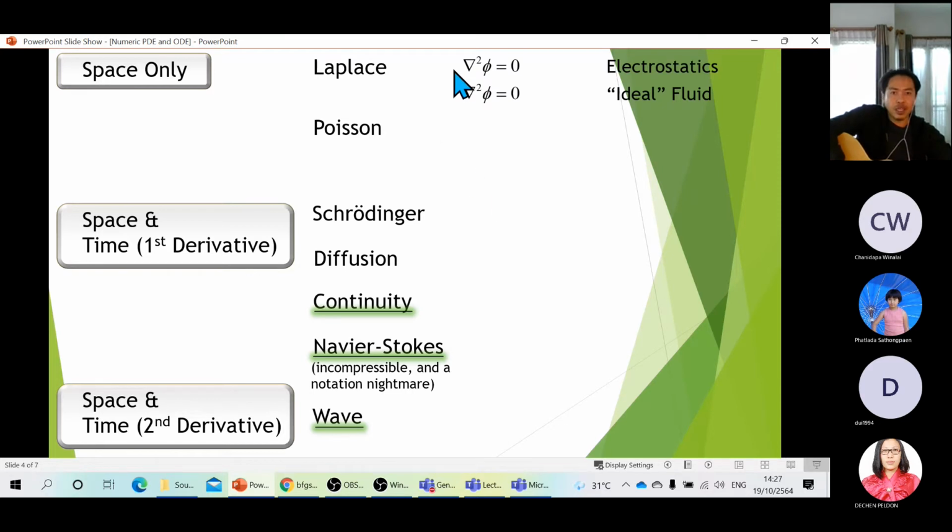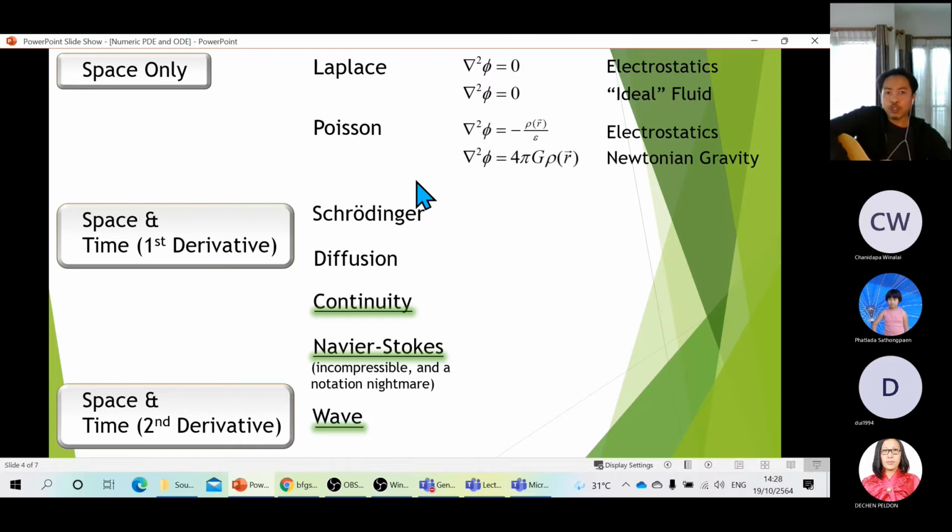We talked about this in the previous lecture. Now the Laplace equation is mathematics, but the physics involved can be in many branches of physics. You have the same Laplace in electricity, the same Laplace in the ideal fluid equation.